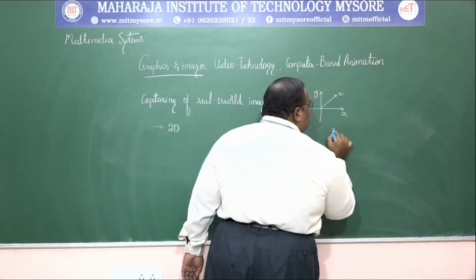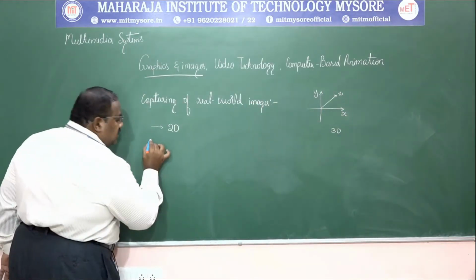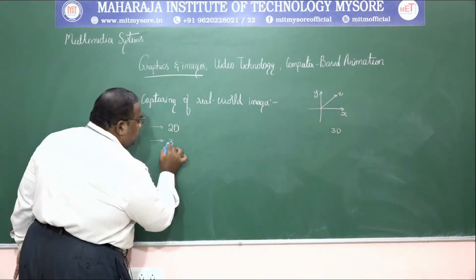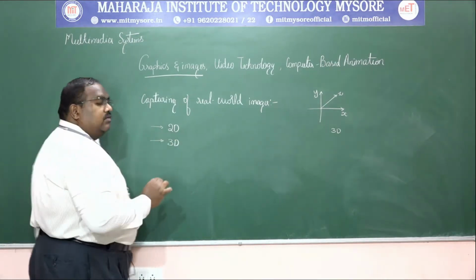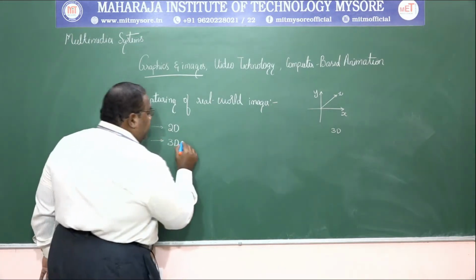We call it the third dimension. So these momentary images, if we want to represent them, should be considered with respect to three dimensions because of the momentary event.